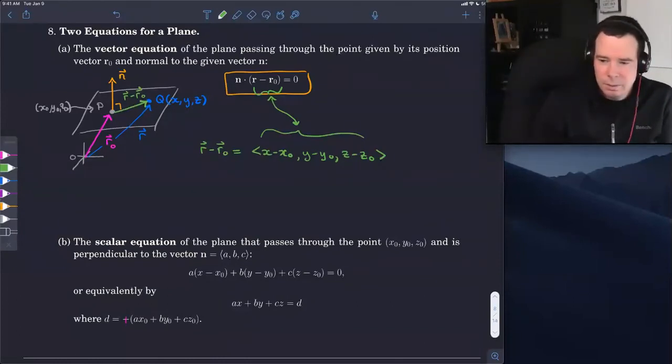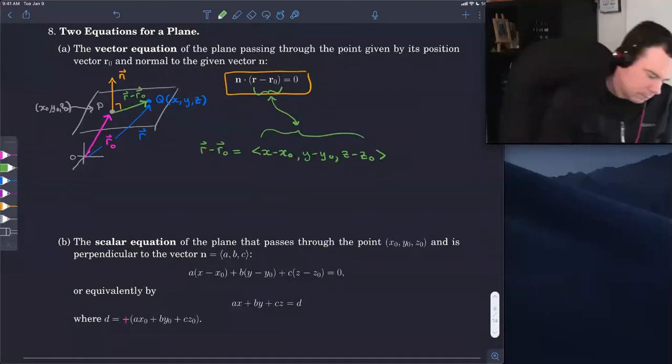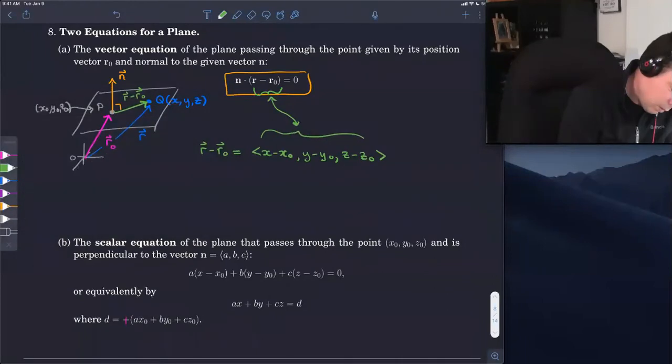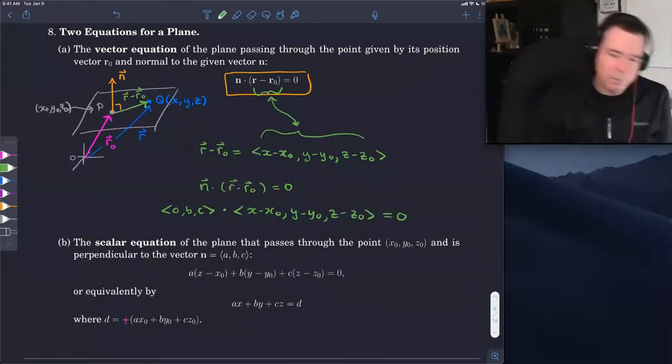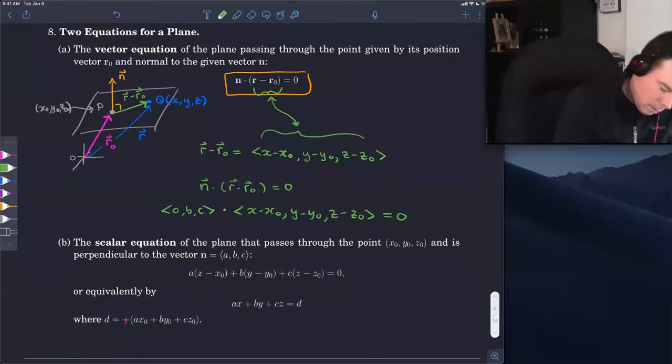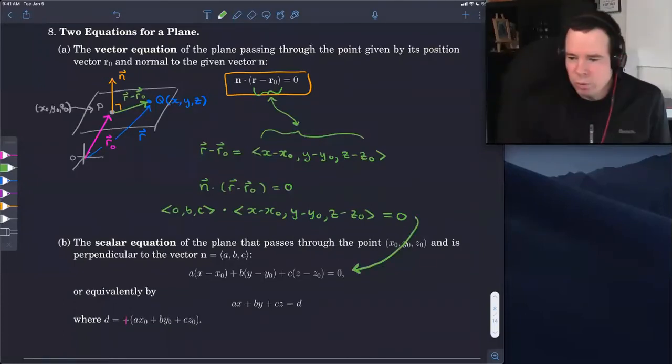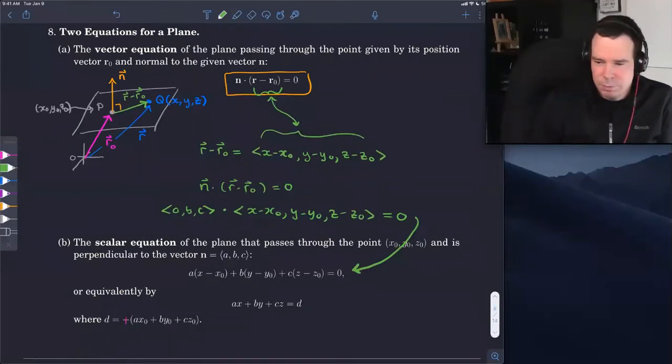And if n is given by components a, b, and c, then n dot (r minus r naught) equals 0 unpacks to (a, b, c) dot (x minus x naught, y minus y naught, z minus z naught) equals 0. If we do the dot product, that becomes a times (x minus x naught) plus b times (y minus y naught) plus c times (z minus z naught) equals 0.